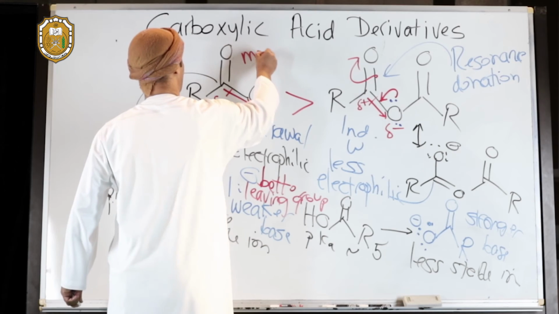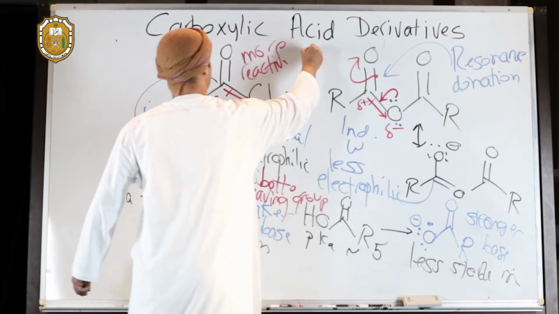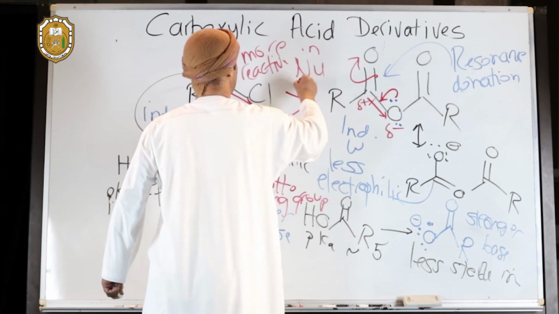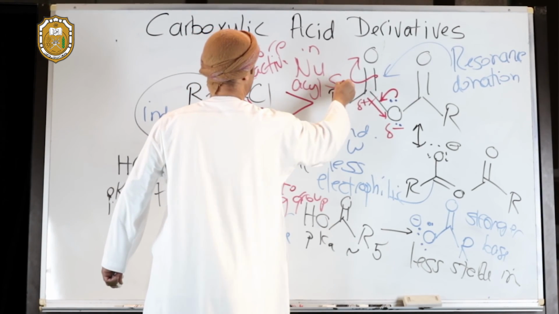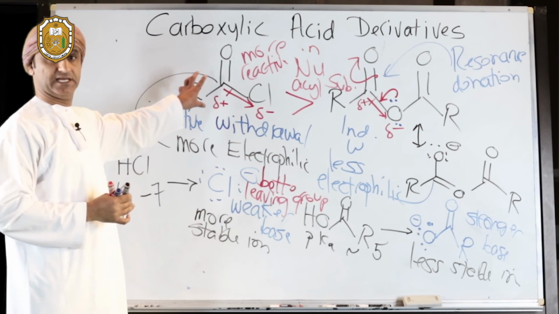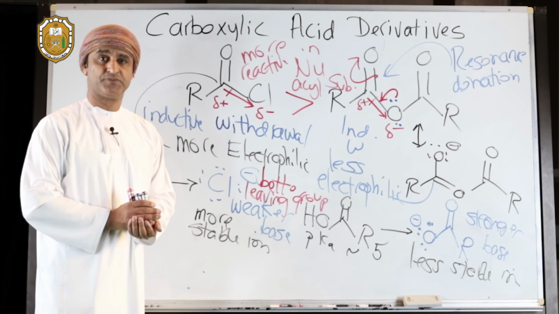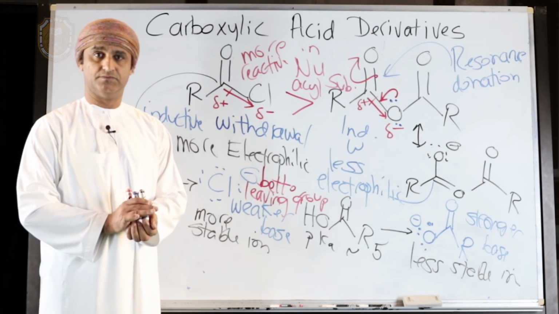So this is therefore more reactive in nucleophilic acyl substitution reactions, and again that's due to the higher electrophilicity of the carbon of the carbonyl group and also the better leaving group ability.